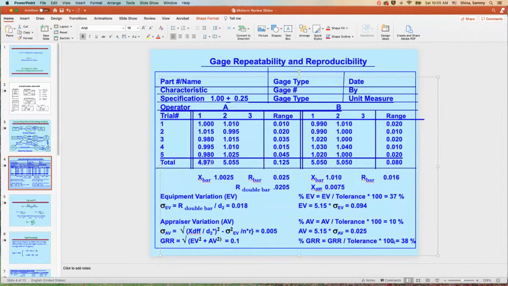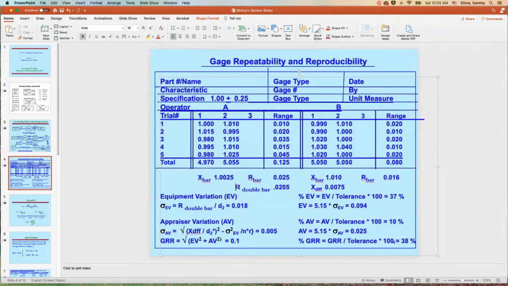You can see we added up the average for the first time and the average for the second time, and then we averaged, and then we add them up in this particular case for the X bar. And then we have an R bar for each operator. We have an X bar for the second operator and an R bar for the second operator.